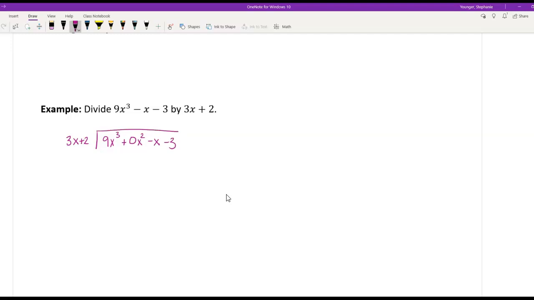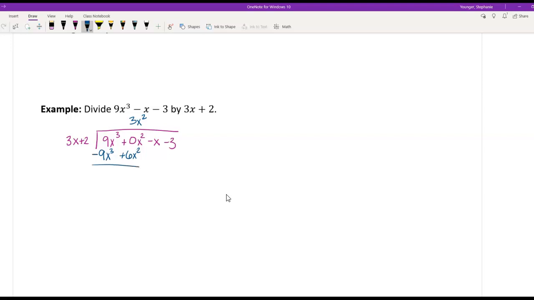All right, so what do we have to multiply 3x by to get 9x cubed? Well, 9 divided by 3 is 3, and x cubed divided by x is x squared, so 3x squared. So now, 3x squared times 3x is 9x cubed. 3x squared times 2 is 6x squared.